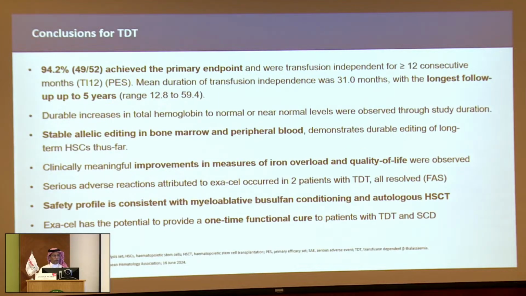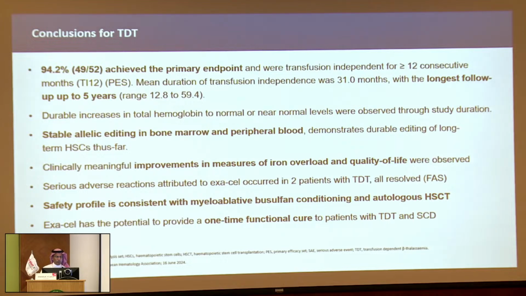For transfusion-dependent thalassemia, 94% achieved the primary endpoint of transfusion independence for 12 months or more, and the longest follow-up in this group was up to 5 years. Stable allelic editing of bone marrow and peripheral blood was demonstrated, with durable editing throughout the study.